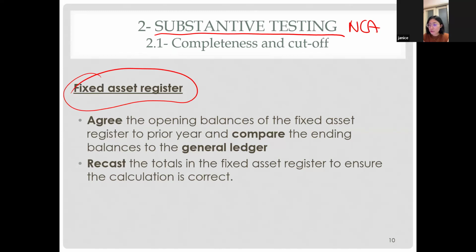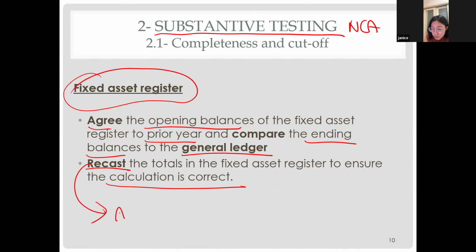Well, actually we did not. We only traced the ending balance, but we should agree the opening balance to the prior year, and we should also compare the ending balance of the register to the general ledger. So that's what we did. And then we recast the total in the fixed asset register to ensure the calculation is correct. Recast means addition, sum.